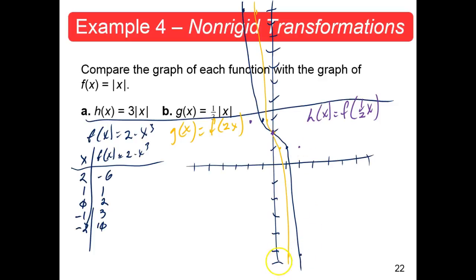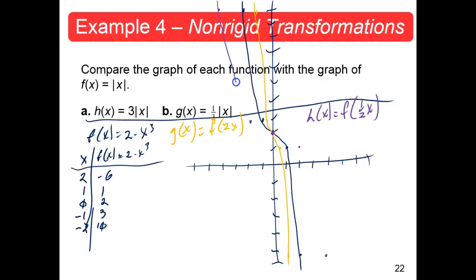This one down here was a 2, negative 6. It keeps the y the same, but it goes to 4, negative 6. Double the x, keeping the y the same. This one up here was a negative 2, 10. It doubles to a negative 4, but keeps the y the same.